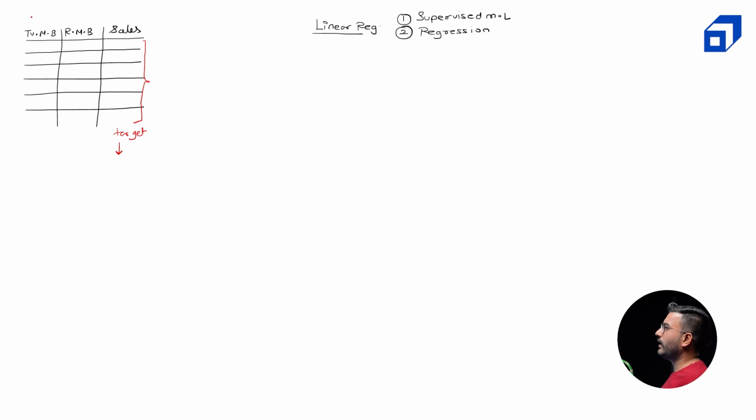So let's call this X1, let's call this X2, and let's call this Y. So I'm interested in predicting the corresponding sales, corresponding to X1 units of TV budget and X2 units of radio budget.